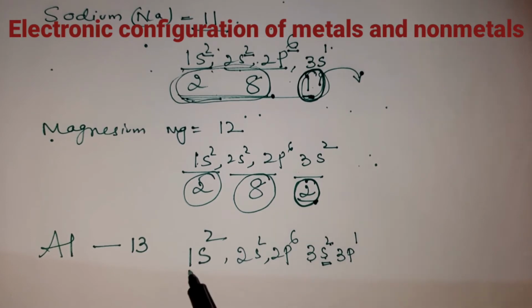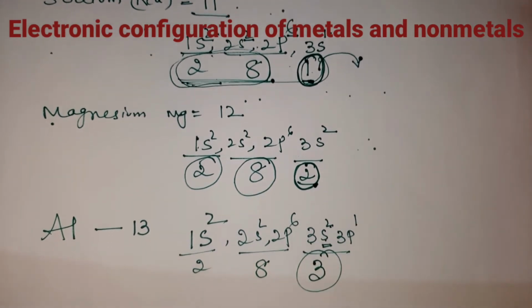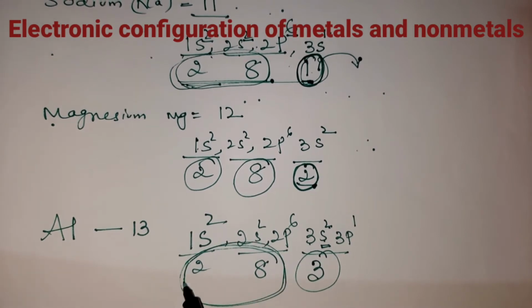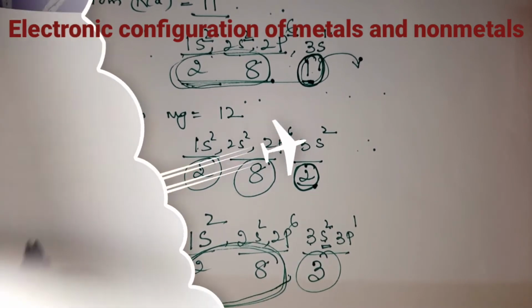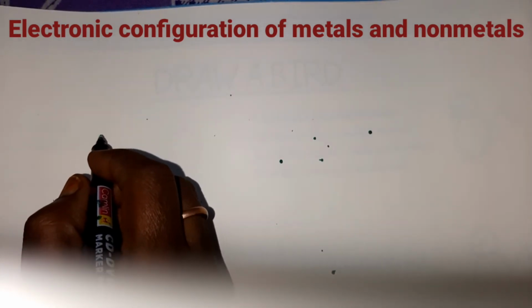Okay, children? So 2, 8 and 3 electrons are there in the outermost shell. So these 3 electrons also are lost from the metal atom in order to attain or achieve noble gas or inert gas electron configuration. Now we shall see some of the non-metals and their electronic configuration, children.